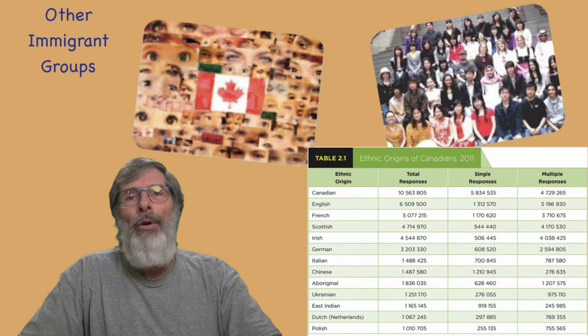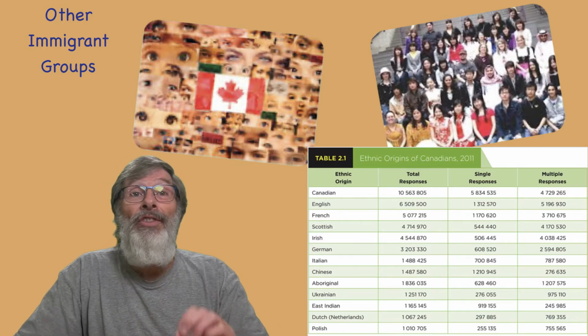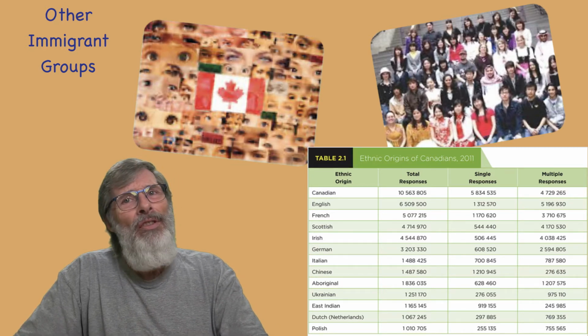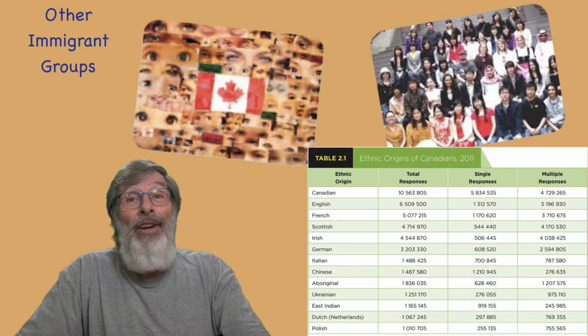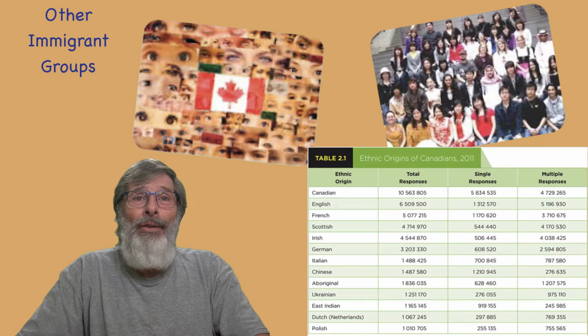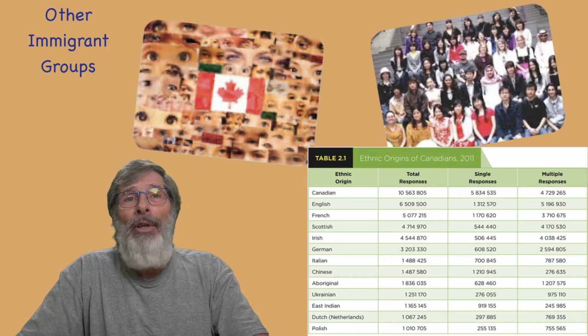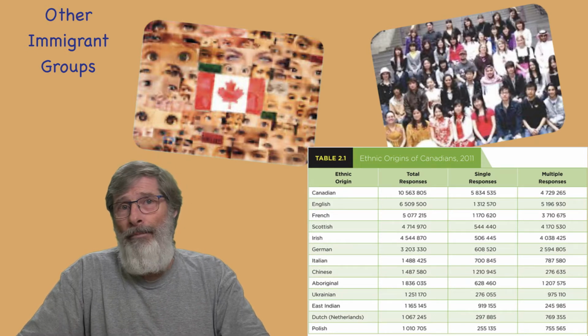The vast majority of visible minorities will live in cities, making up about 63% of Toronto, 59% of Vancouver, 31% of Montreal populations by 2031.